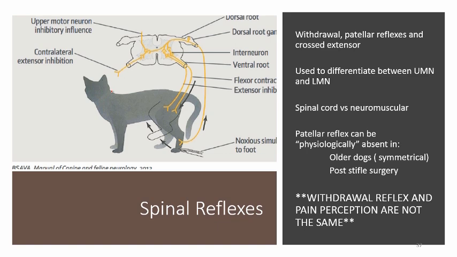So let's look at our spinal reflexes and how they work. The three that I will check all the time, although there are very many other reflexes to check, but I like these three: the withdrawal, the patellar reflexes, and the crossed extensor.